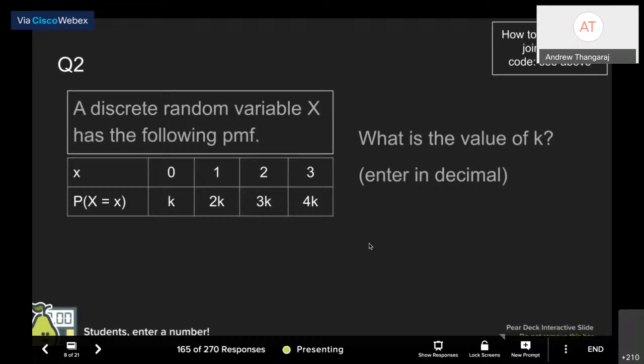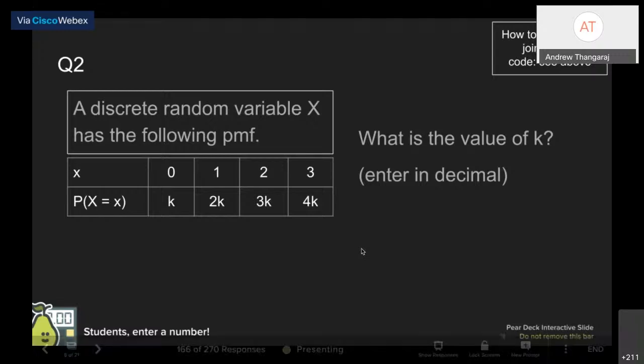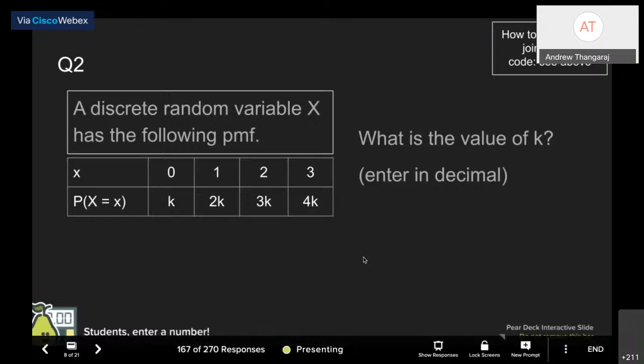Let's wait for a bit more, and then we'll look at the responses. Don't put the answer on the Webex chat. Go to joinpd.com. It's there on the slide in Webex on the top right. There is a code on the top right that you have to enter.